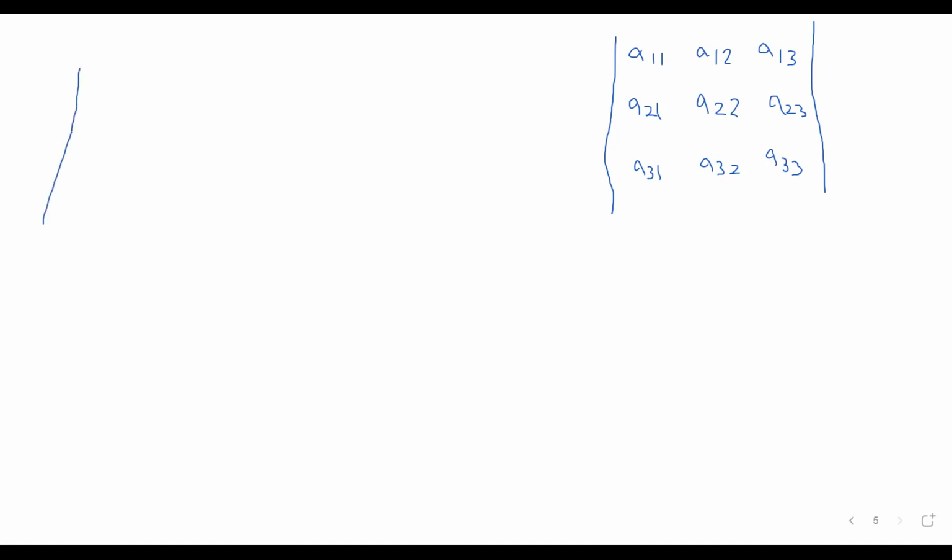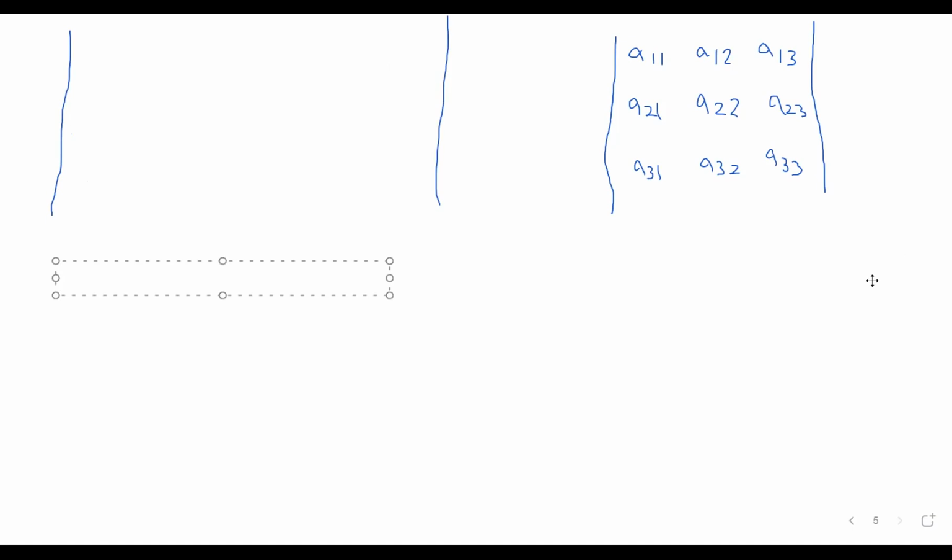The elementary operation we're going to do is add a constant multiple of one row to another row. What we're going to do is add a constant multiple of row 2 to row 1.